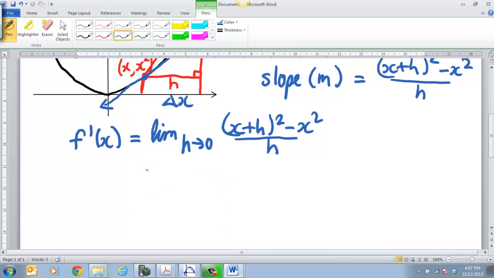So if we've got this already set up for us now, the limit as h goes to 0, it's important that you keep that in there. If I expand this bracket here, x plus h squared, it's going to be x squared plus 2xh plus h squared. That's following that out.